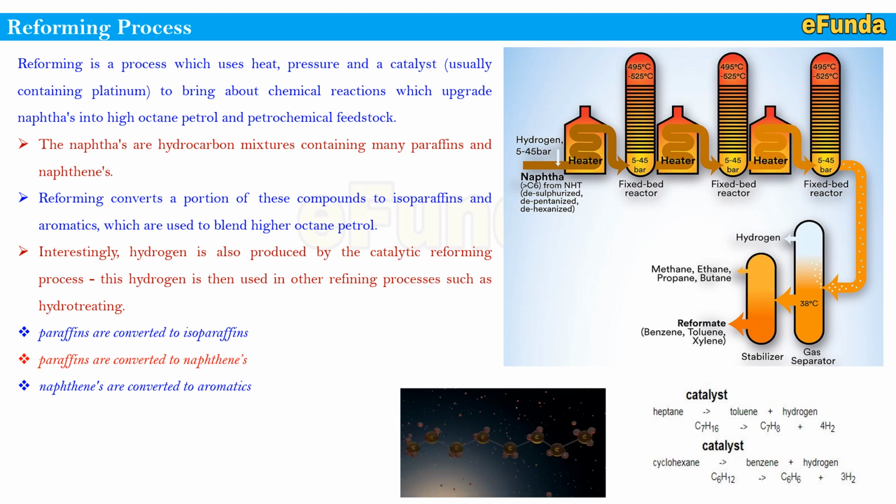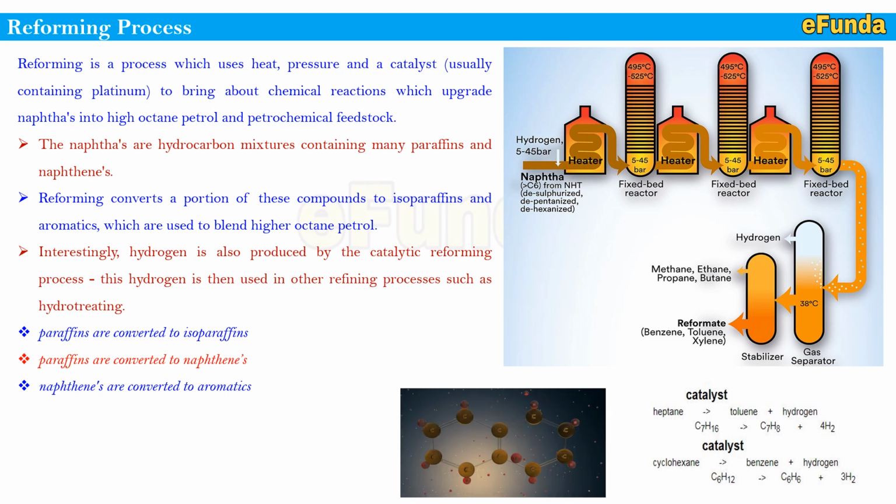The other gasolines pass to the stabilizer so as to get the settled residue, that is a reformate of benzene, toluene and xylene, and above, the vapor forms of methane, ethane, propane and butane are separated. This is all about the reforming process.